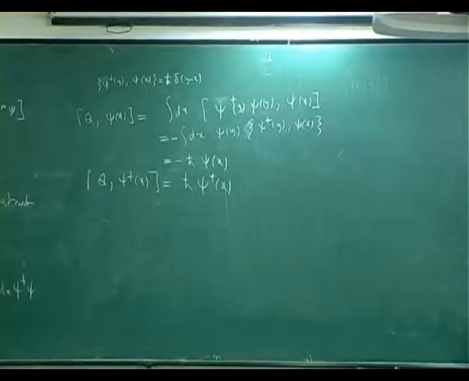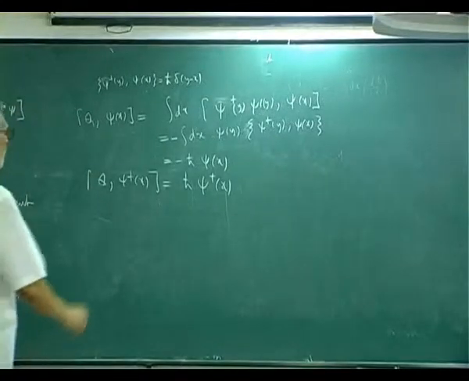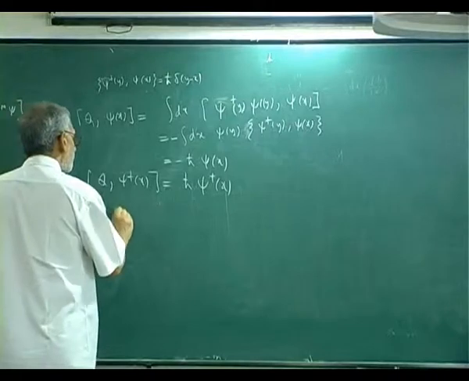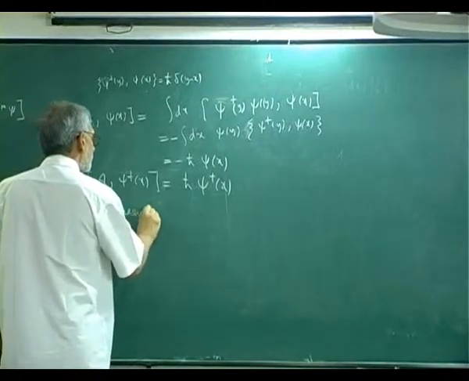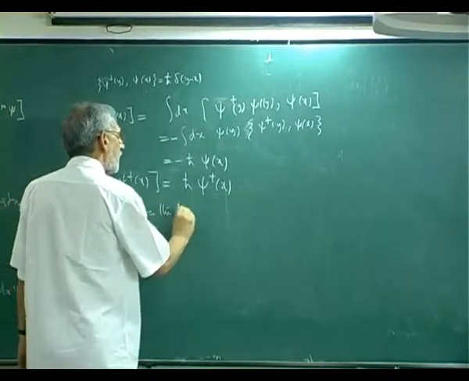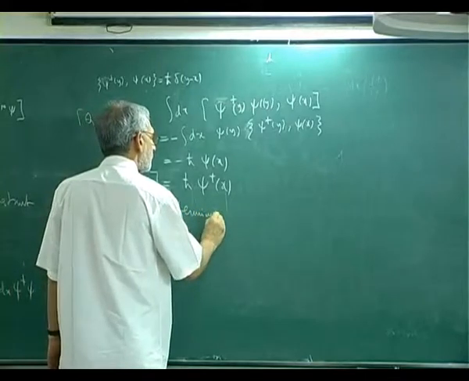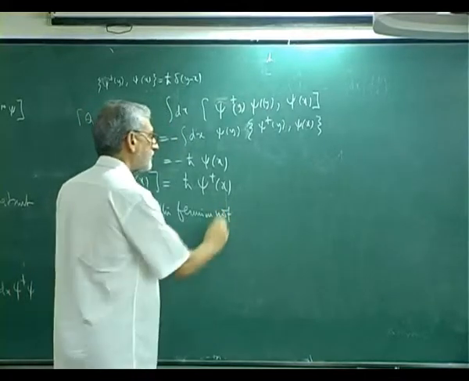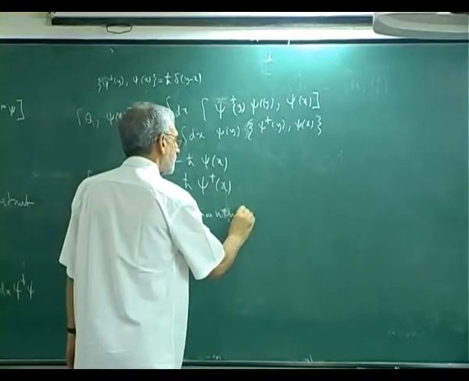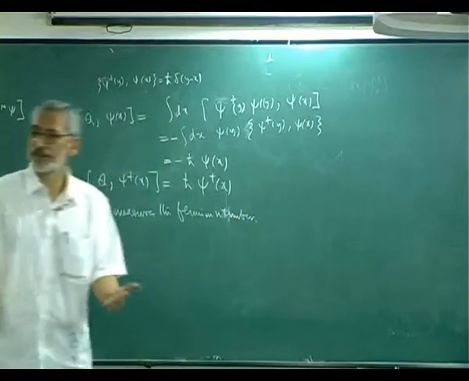So what does this tell us? Q measures the fermion number, or minus Q measures fermion number.